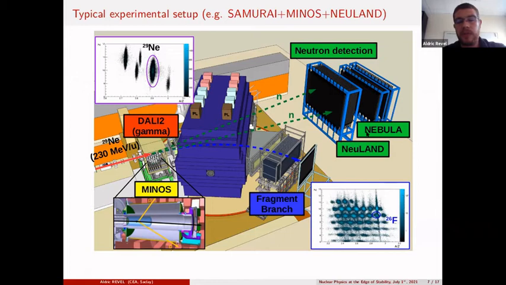In the case of SAMURAI, it's usually NEBULA, but for the oxygen-28 campaign, NeuLAND was also used, which is now back at GSI. And we also detect the fragment. In this case, I took the example of fluorine-28, so the fragment being fluorine-26.